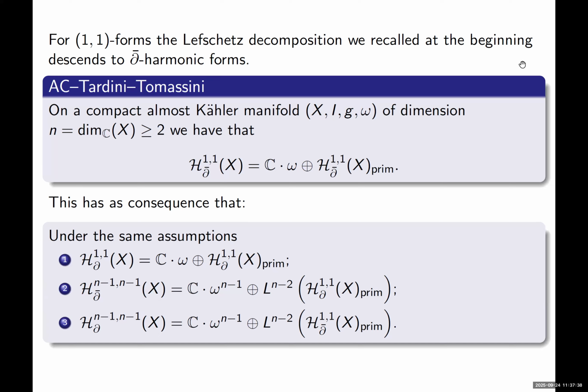Here, what is interesting is that in the decomposition of del bar harmonic forms, we have a multiple of omega^(n-1), plus omega^(n-2) wedged not with a del bar harmonic primitive (1,1) form, but with a primitive del harmonic (1,1) form. Here, this is in some sense interesting, since it is the effect of having applied the star operator.